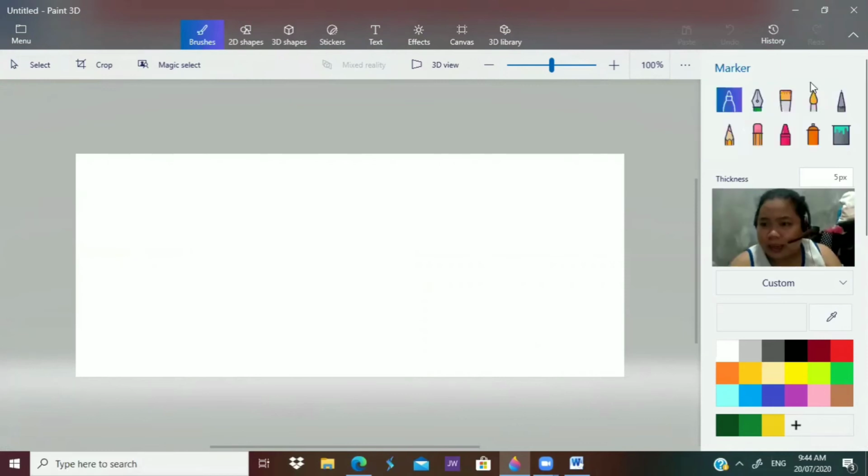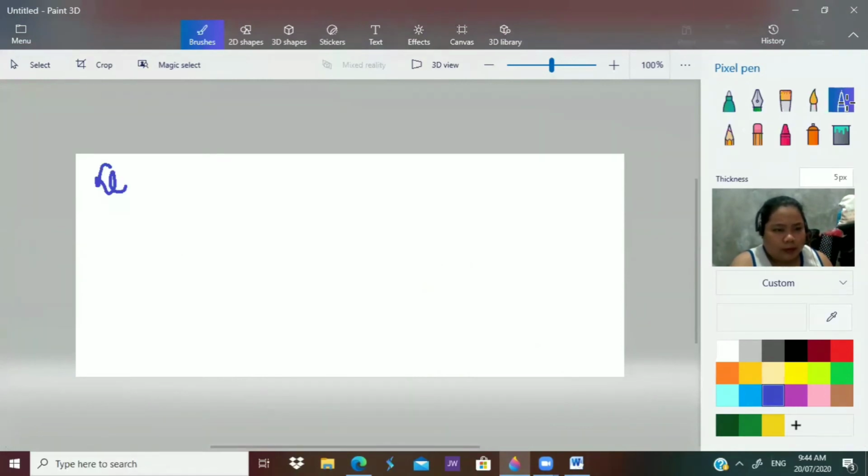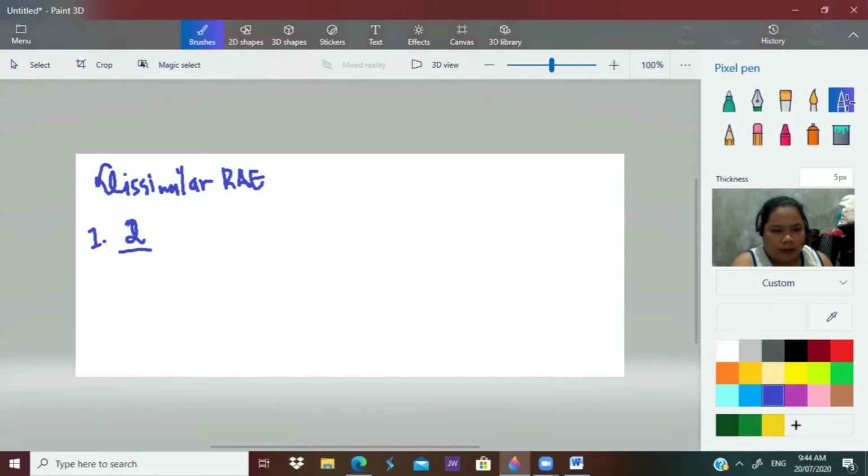Eraser ata gamit ko. Okay. So let's proceed. So we are now in dissimilar rational algebraic expressions. So you have here the given is 2 over x plus 3 over x squared.